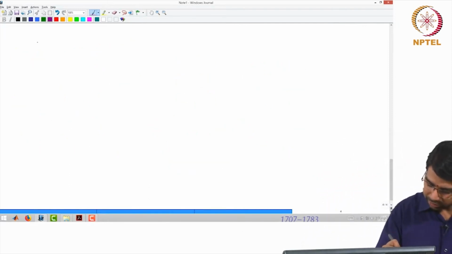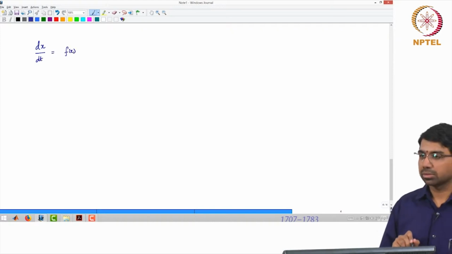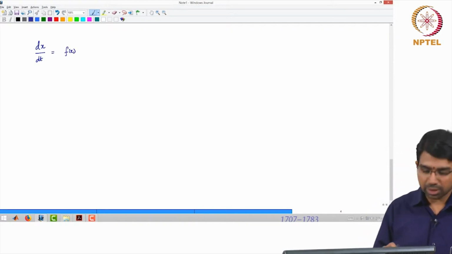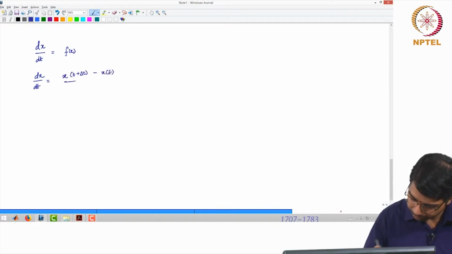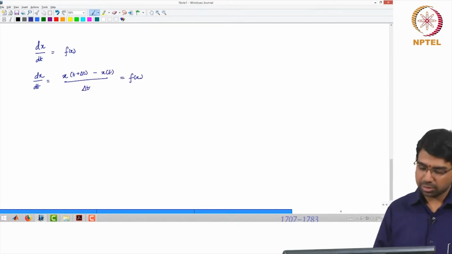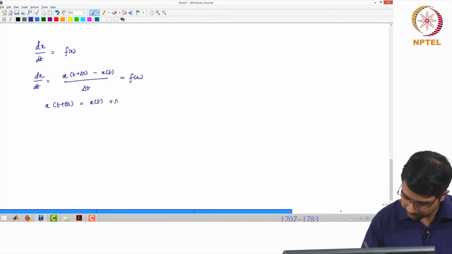We have our rate equation, which is basically dx by dt is some f of x, right, or we can say that dx by dt is x of t plus delta t minus x of t by delta t equals f of x, which means x of t plus delta t equals x of t plus delta t into f of x.